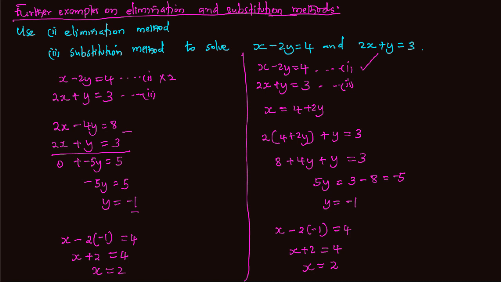So in both instances, whether we use elimination method or substitution method, we get, in each case, the value of y is equal to negative 1, and the value of x is equal to 2.